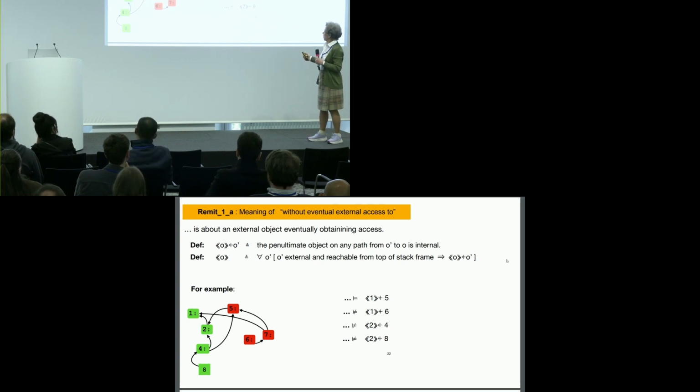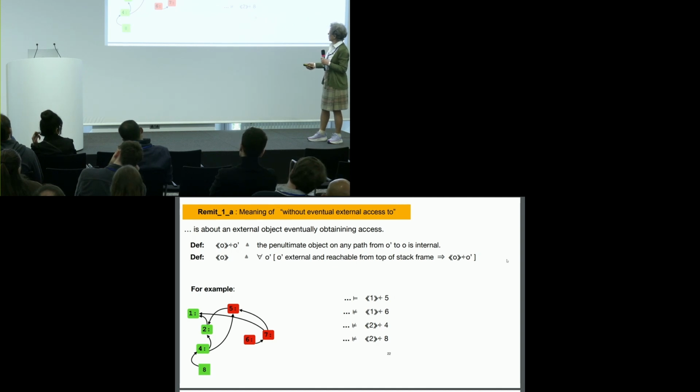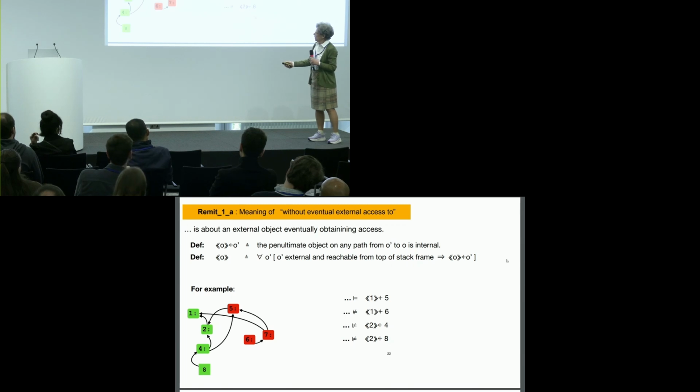So 1 is protected from 5, but it's not protected from 6 because I can go 6, 7, 1. And similarly, 2 is not protected from 4 because I can go 4, 5, 2, and 2 is not protected from 8.